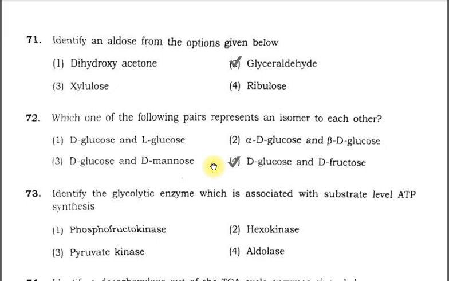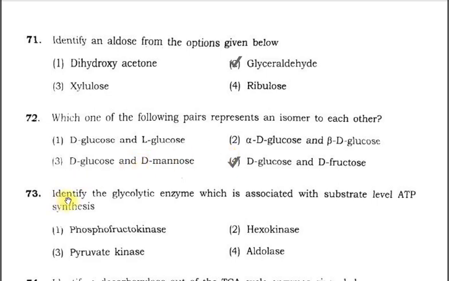These are structural isomers that differ with respect to their functional group. Glucose has an aldehyde, while fructose has a keto group, so these isomers are called aldo-keto isomers. Others are optical isomers and enantiomers.